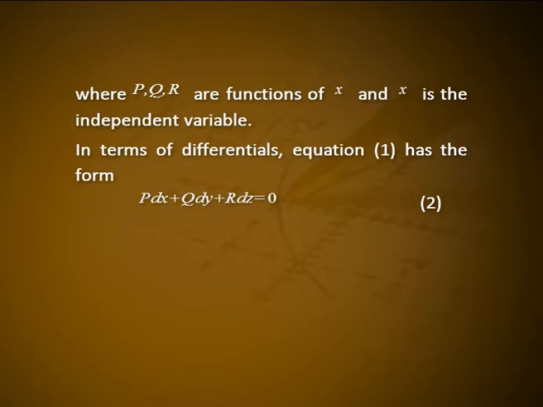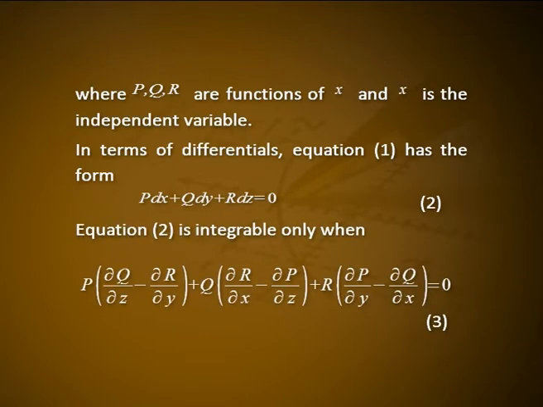In terms of differentials, equation 1 has the form P dx plus Q dy plus R dz is equal to 0. Equation 2 is integrable only when P into (dou Q by dou z minus dou R by dou y) plus Q into (dou R by dou x minus dou P by dou z) plus R into (dou P by dou y minus dou Q by dou x) is equal to 0. Let it be equation number 3.